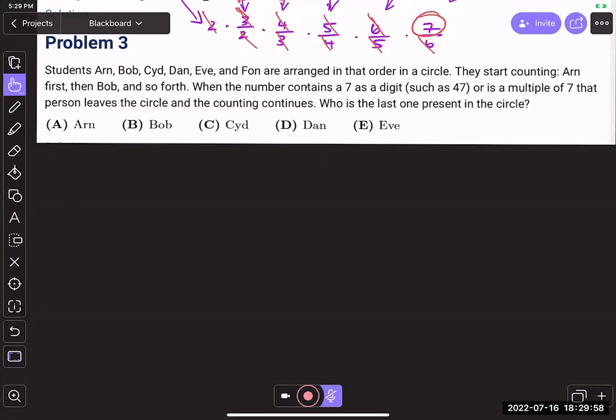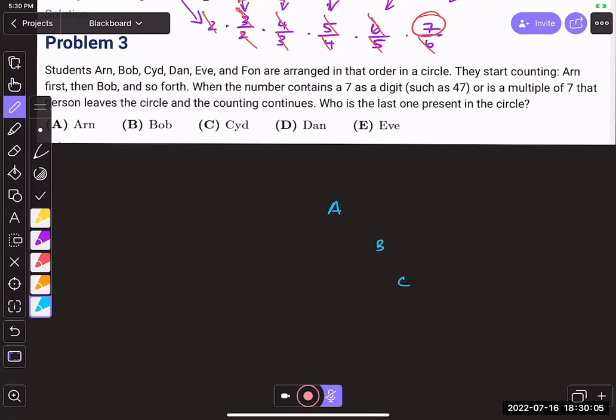I just drew out A, B, C, D, E, F for Arn, Bob, Sid, Dan, Eve, and Fawn. Not exactly a circle, but good enough. You start with A, and since there are 6 people, Arn is out on the 7th one.